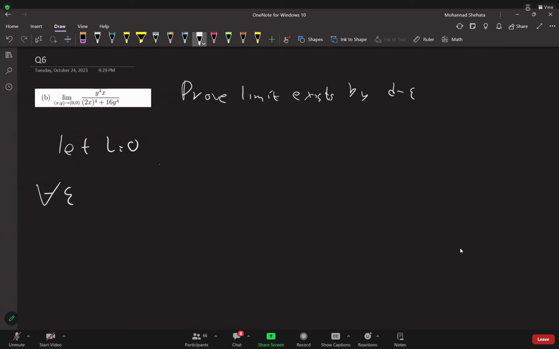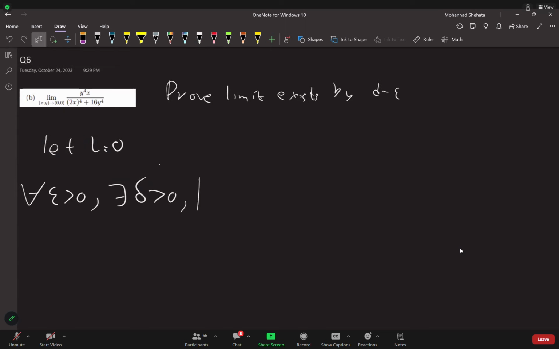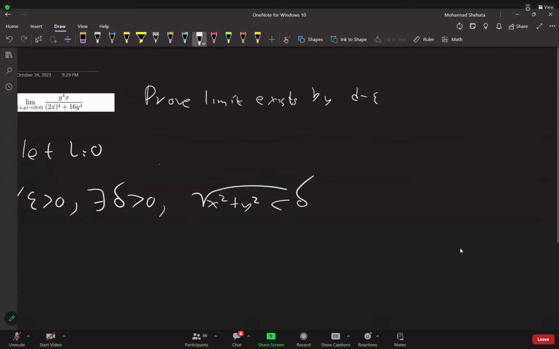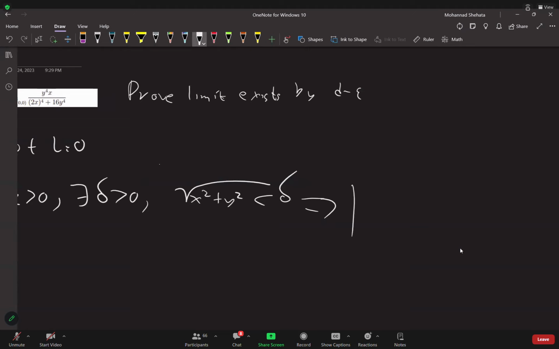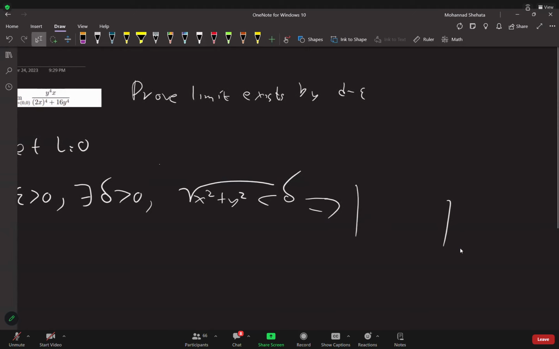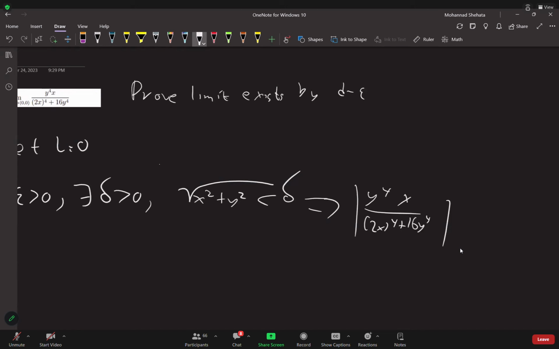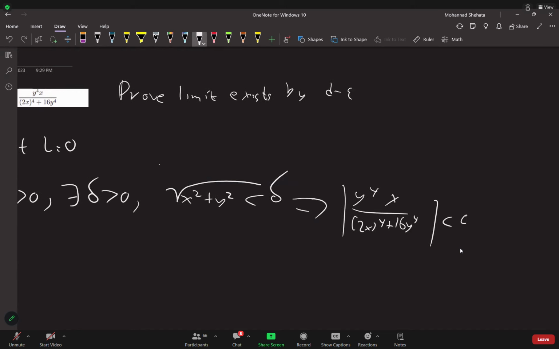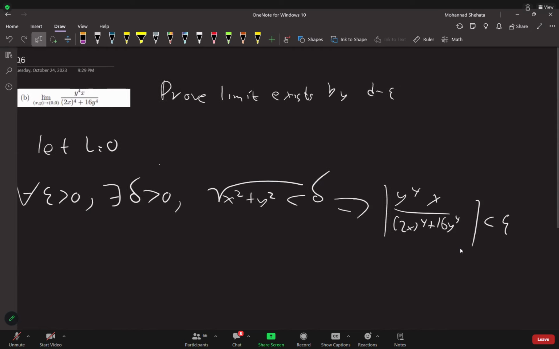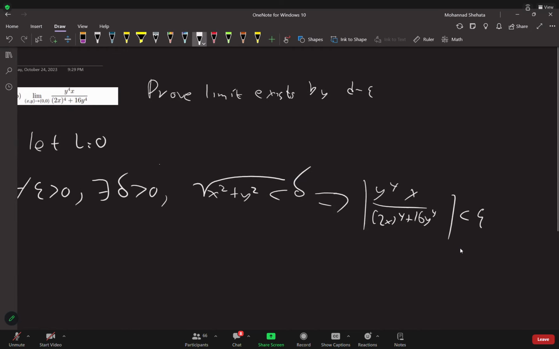I want to show for all epsilon greater than 0, there exists delta greater than 0 such that x squared plus y squared less than delta should imply that the expression y to the 4x minus 2x to the 4 plus 16y to the 4 would be less than epsilon. This is the definition of delta epsilon. Now, how do we bound this?